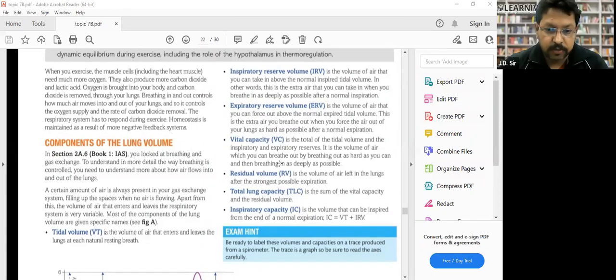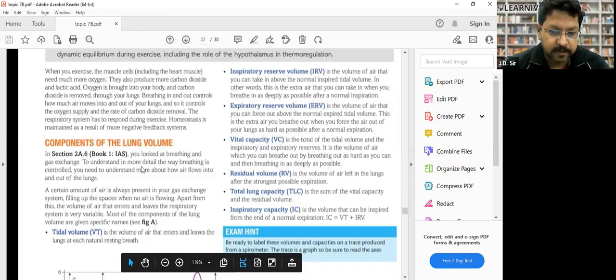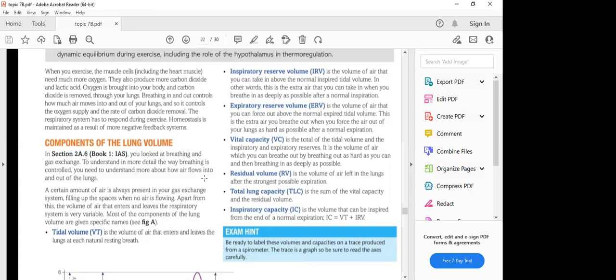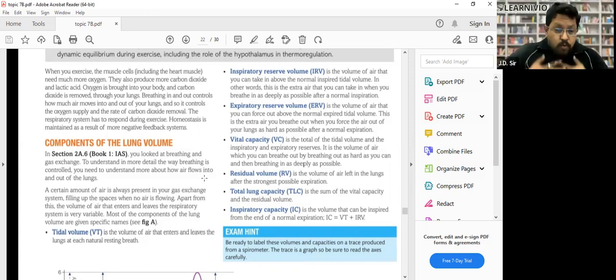Now, what is next? ERV. Look, now I am breathing out. How much do I breathe out normally? 500. Now I am pushing my lungs more, more than 500.